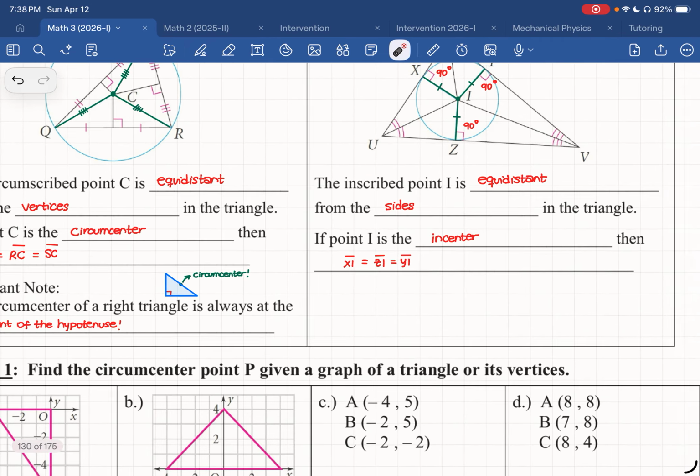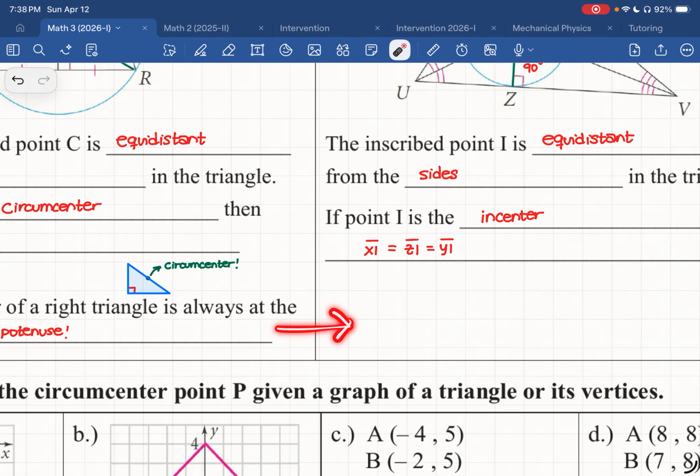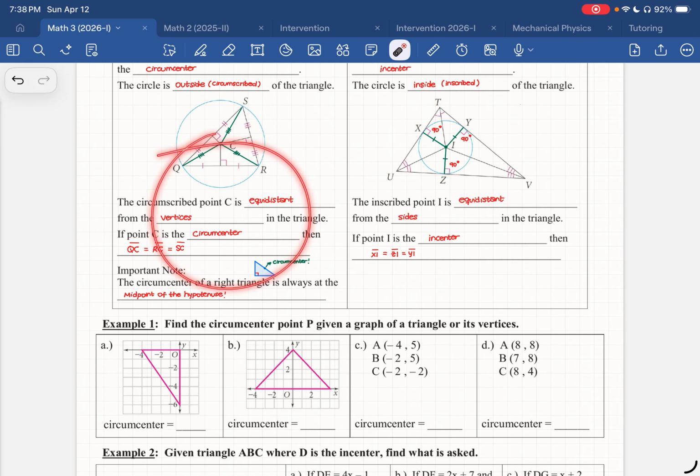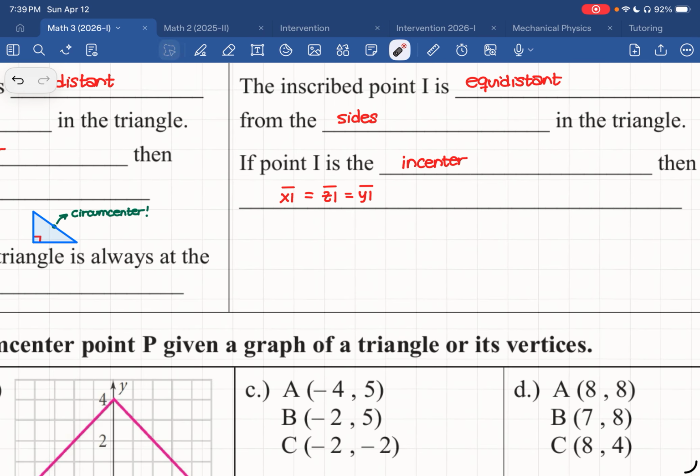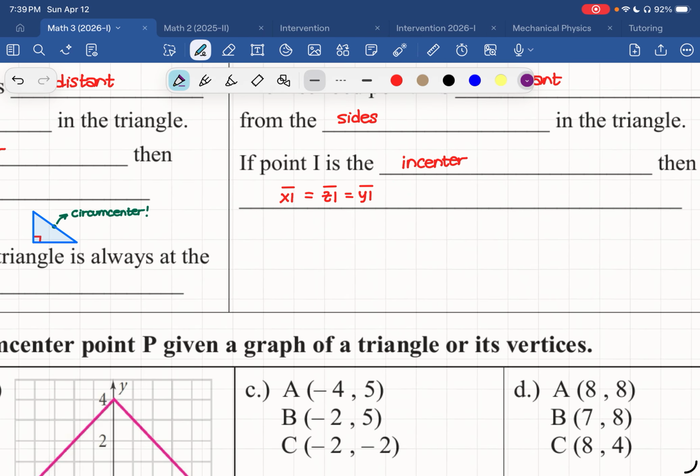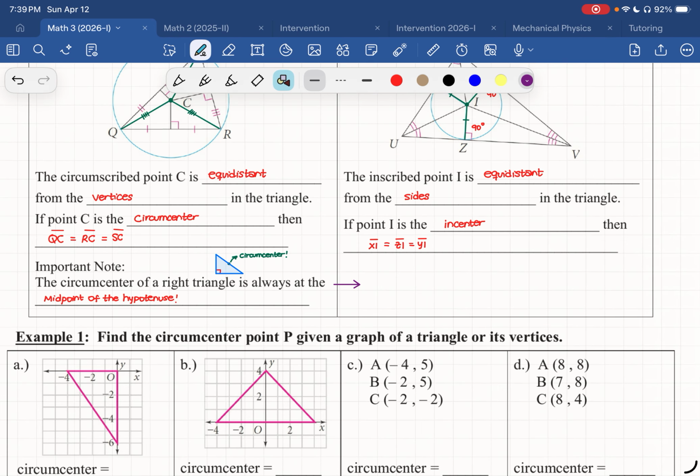I'm just gonna write it here, but whatever I write here is part of this theorem, okay? It's not part of this one. Let me put this arrow here, indicating that this is part of the other theorem, okay?